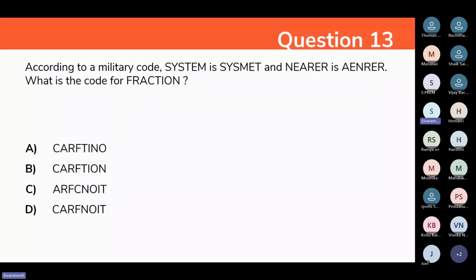This one is a bit confusing. Students might select a wrong option, but don't hurry. You can take your time and try to give correct answers. Understand the logic first.